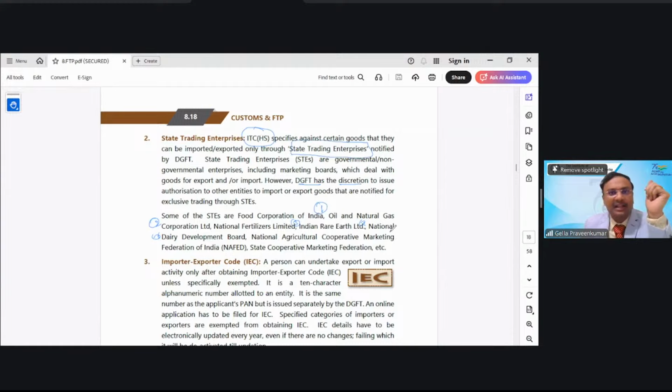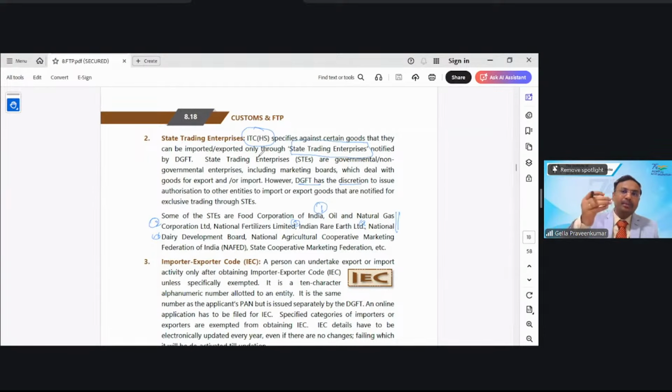In Kerala, we have these. So these are certain examples where state trade enterprises are under the supervision of foreign trade policy. Here, what they say is, whenever you want to import or export, you do not do it on your own. Point number one. Second, rather, you supply to the state trade enterprise, and in turn the state trade enterprise is going to export.